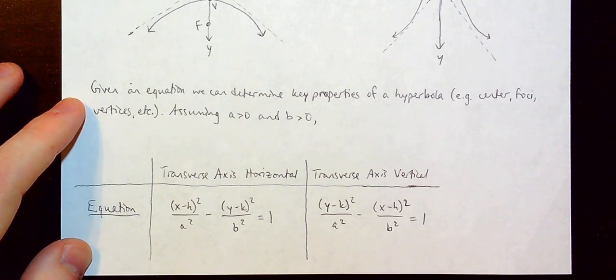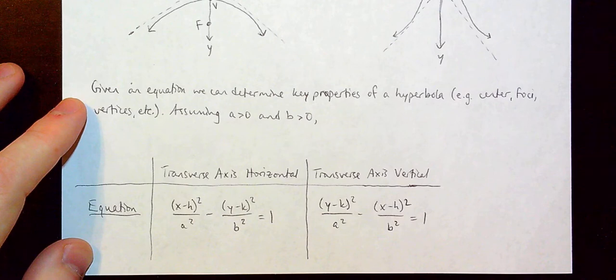So this is different from the ellipses that we talked about in our previous video or two. Whether the major axis for an ellipse was horizontal or vertical, the a squareds and the b squareds changed places, and there was a plus here.